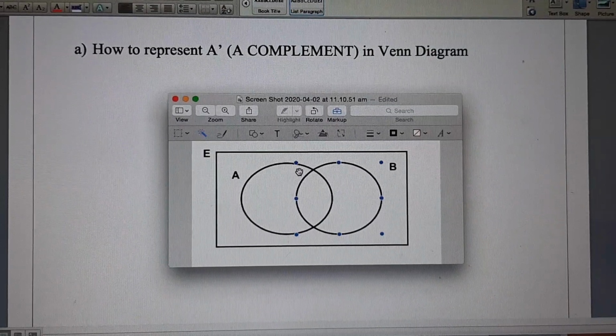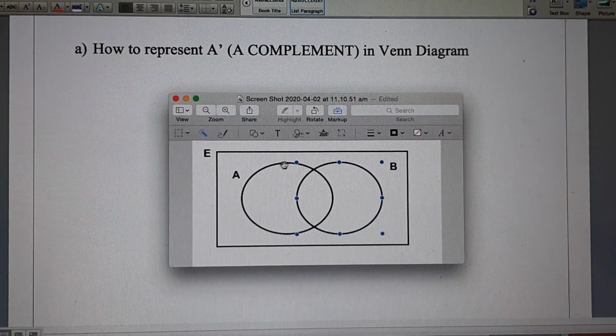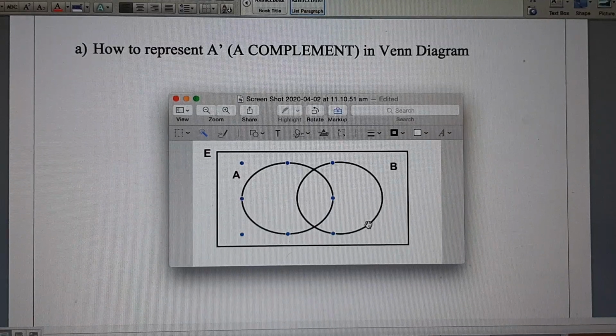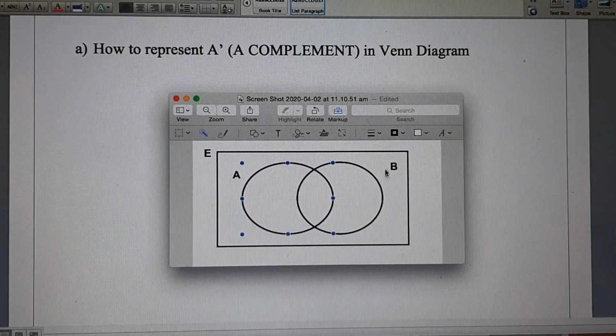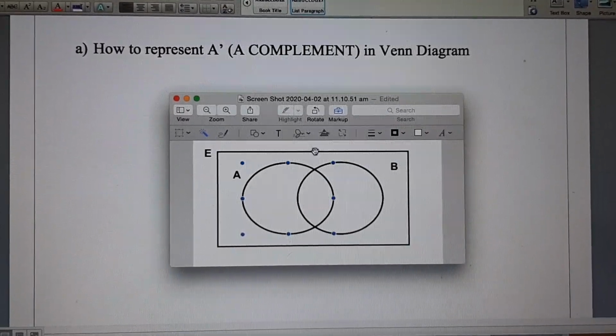Now when you have to shade A complement, A complement means A is not going to be shaded. So we are not going to shade A, however, we are going to shade all the area other than A, all this part.